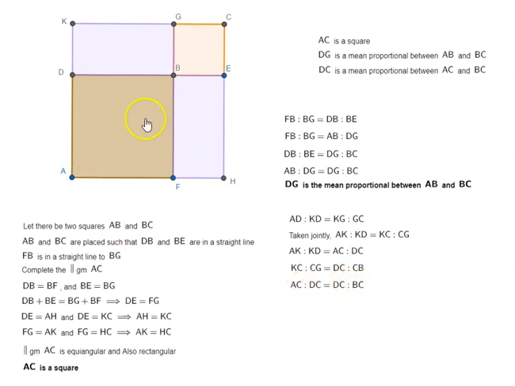So AC is to DC as DC is to BC. So again, looking at this statement, you see that DC is the mean proportional between AC and BC. So that was the lemma.